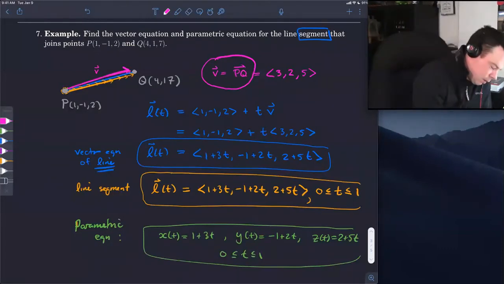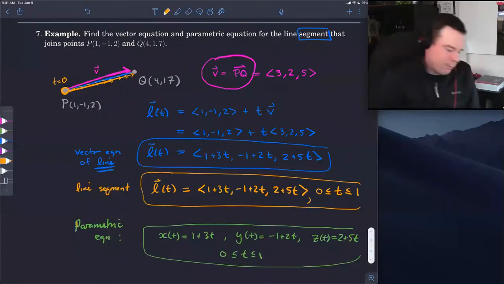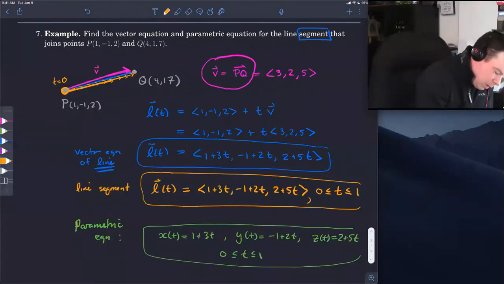So the idea is when we take t to be 0, we are right at this point P. And then if I look at taking t to be a half, let's say, in our line segment equation down below, in the orange one, what's t of a half? Well, we're starting at the point P, and then we're moving along half of v. So that would be right out here.